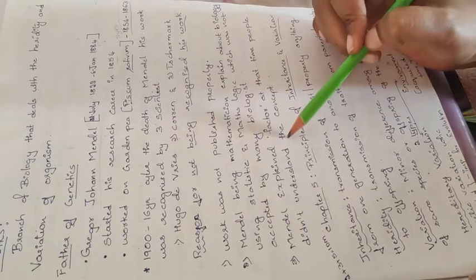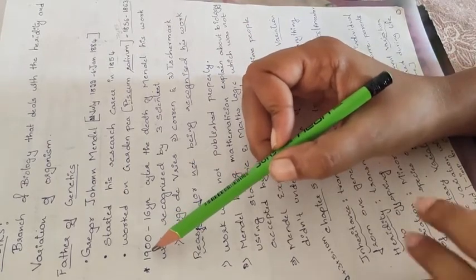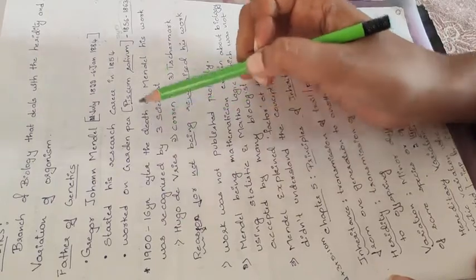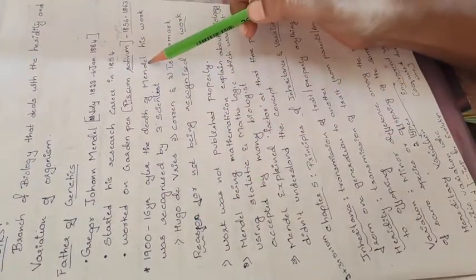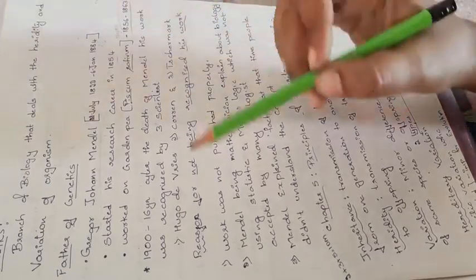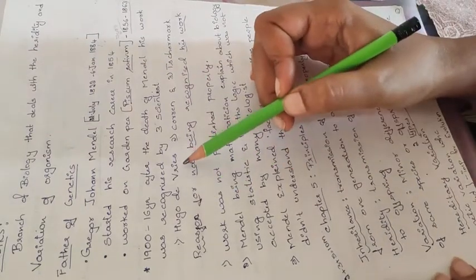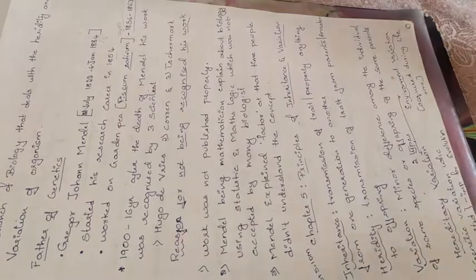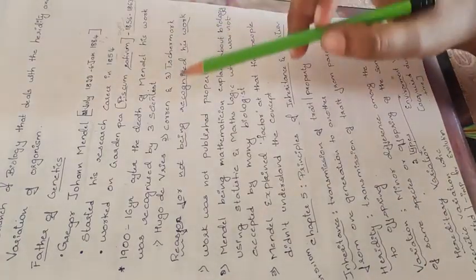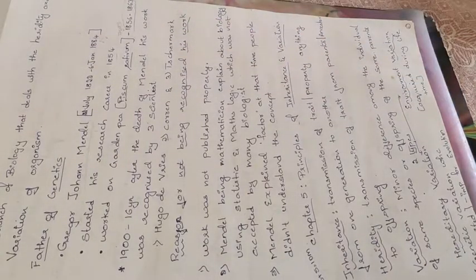We'll discuss that, but here it is in 1900, that is almost 16 years after the death of Mendel, his work was recognized by 3 scientists called Hugo de Vries, Correns and Tschermak. Clear? So these 3 scientists, after the death of Mendel, they recognized this work.